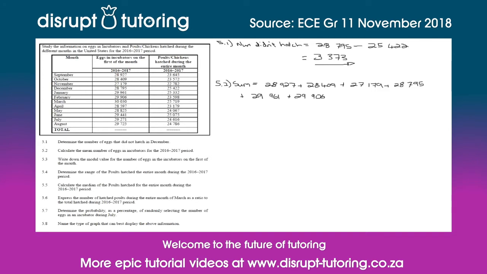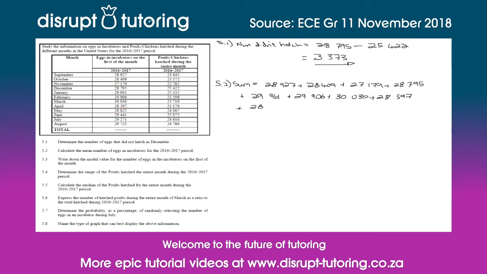29,906 plus 30,030 plus 28,597. One more line plus, so we are at this part here, 28,597. Next one for May is 28,825.